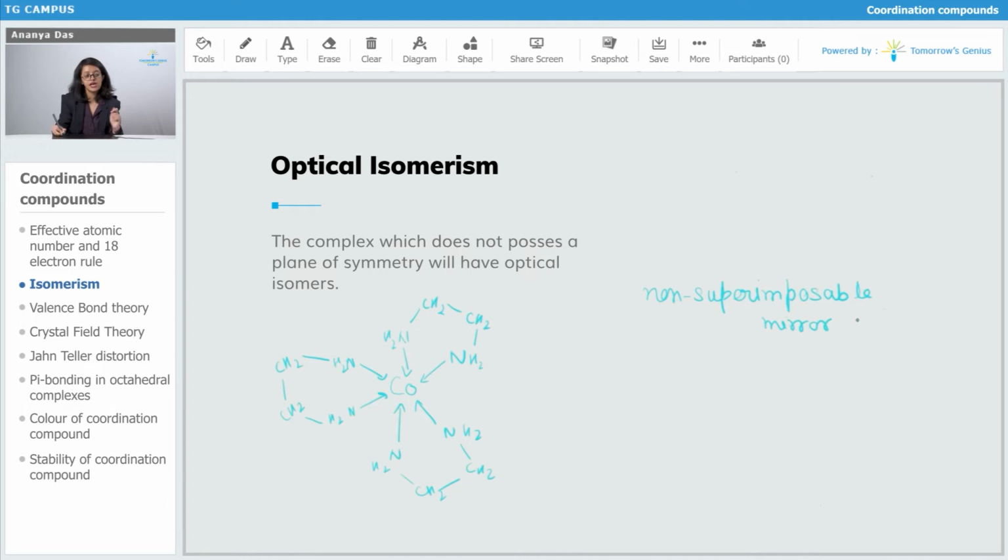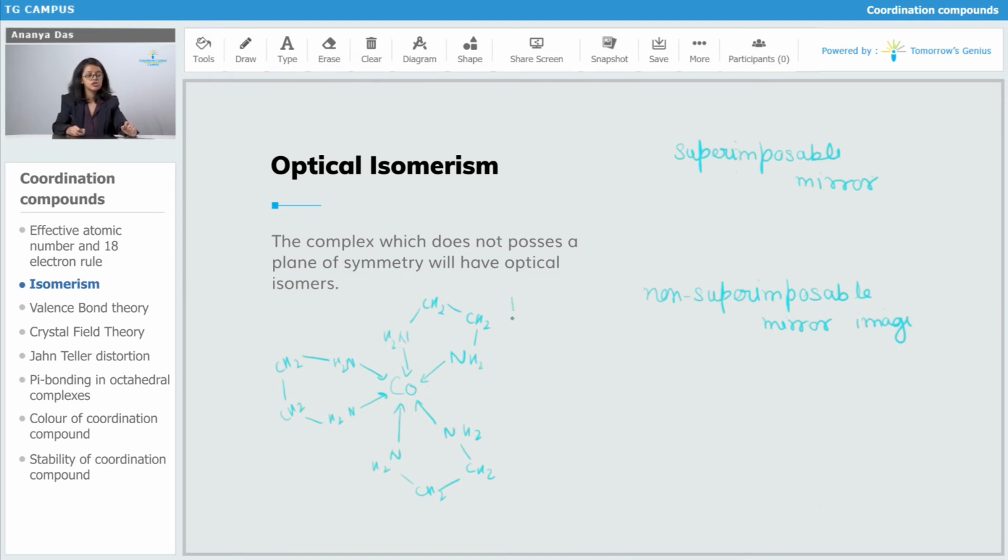The example of the pen I gave you was a superimposable mirror image. Now if a complex has a mirror image and it is non-superimposable, then that complex is going to be optically active. If a complex has a mirror image which is superimposable, that complex is going to be optically inactive.